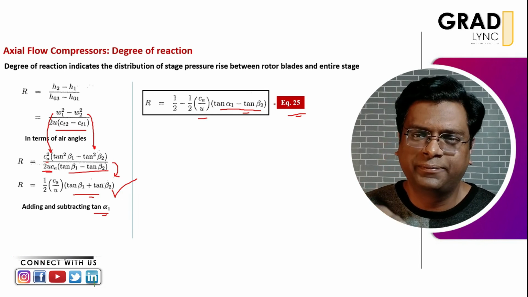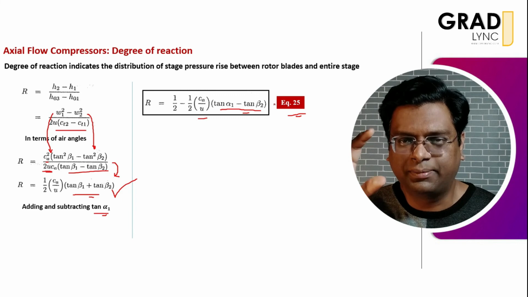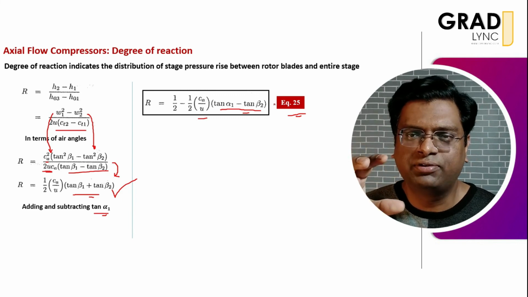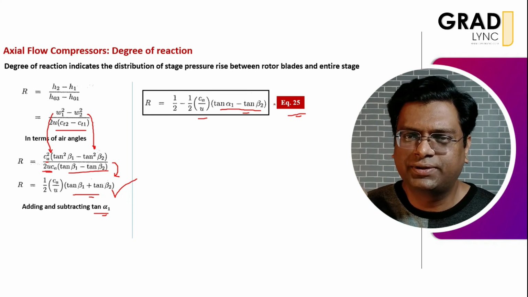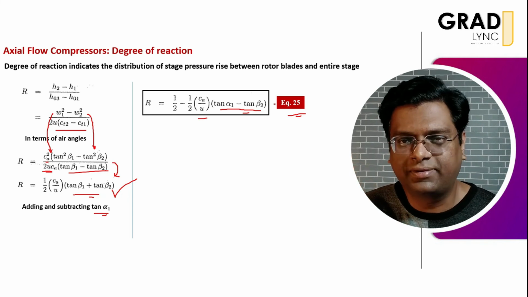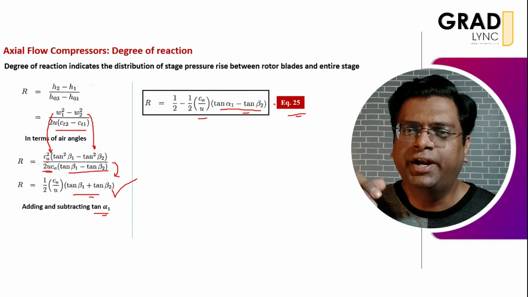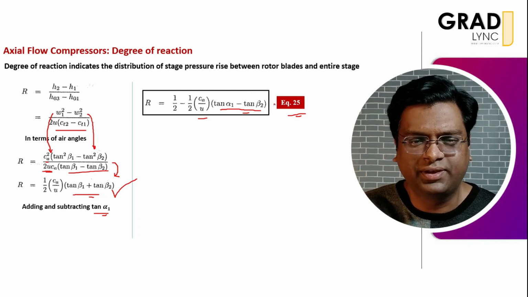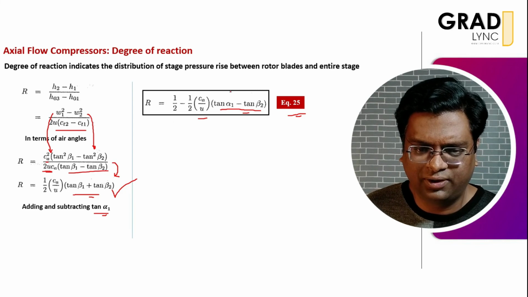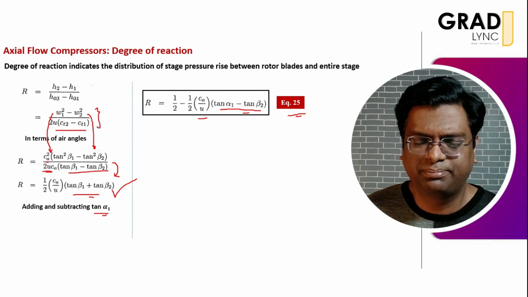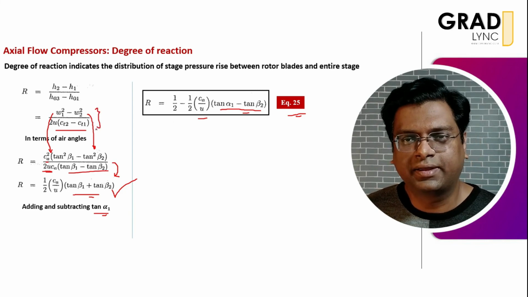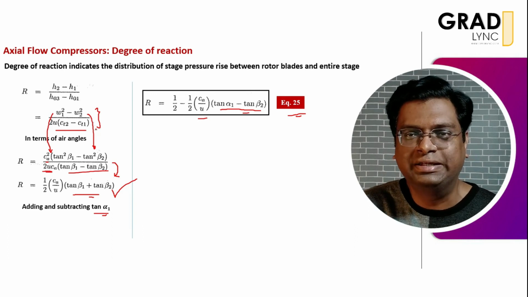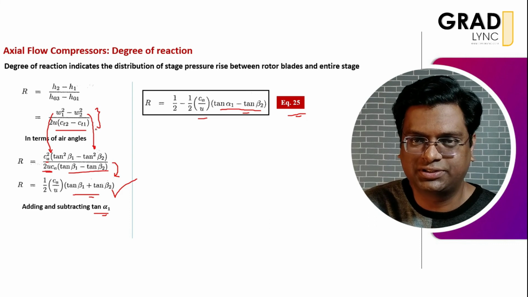Now this is important in terms of the practicality of the problem. In the next session, when we solve problems, you will understand why it is important to represent the degree of reaction in terms of air angles and blade angles. Of course, if velocities are present on the right hand side, I can still calculate the degree of reaction if and only if I know the values of the velocities, right?